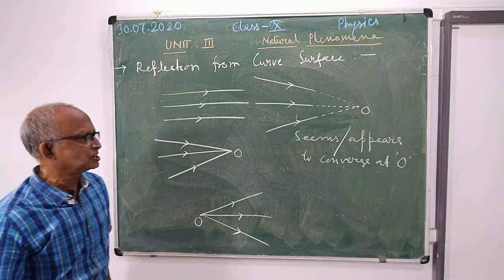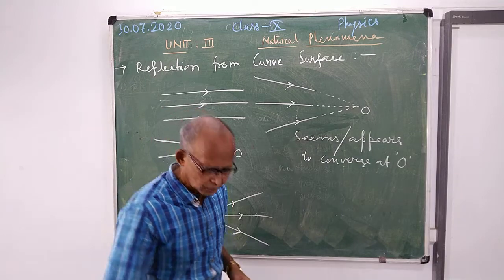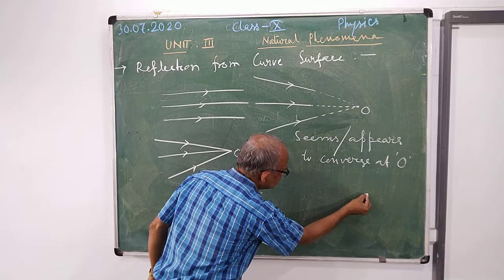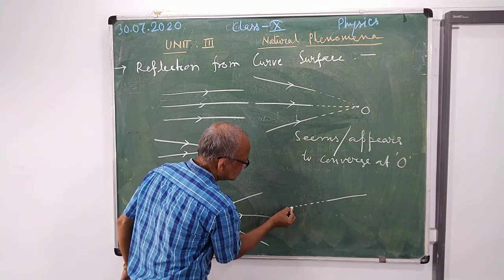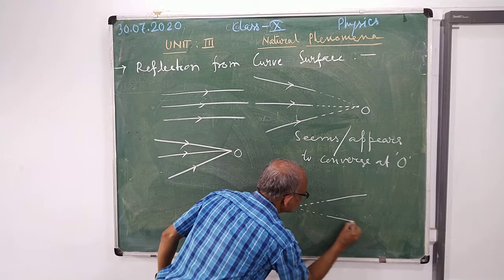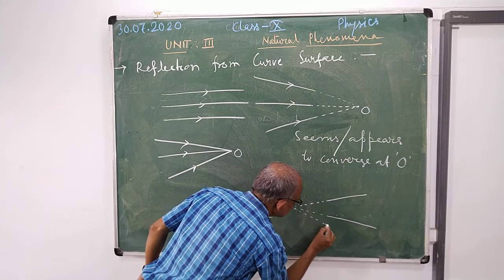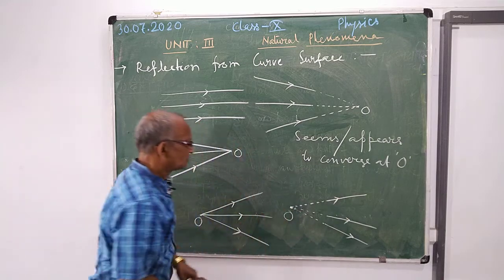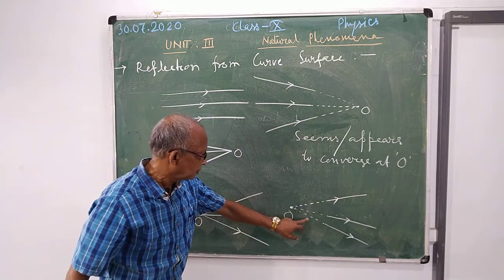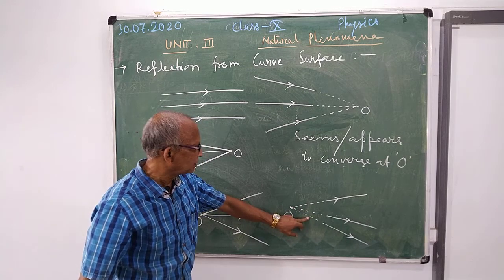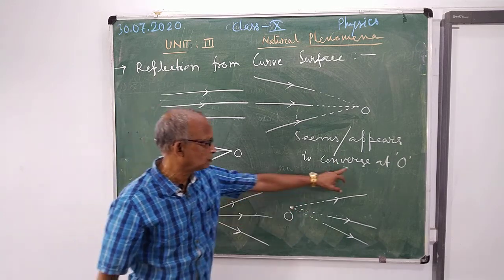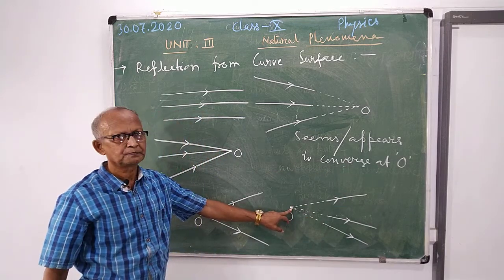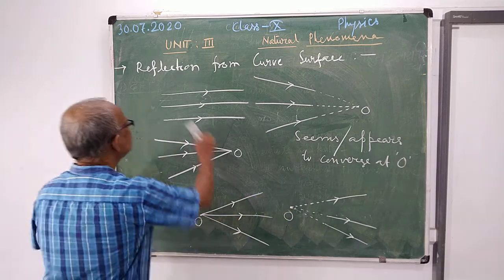The light beam seems or appears to converge at O. And another one is, in this case, the beam of rays seems or appears to diverge from O. In place of converge, here it will be appears to diverge from O. Okay? All these things are clear?